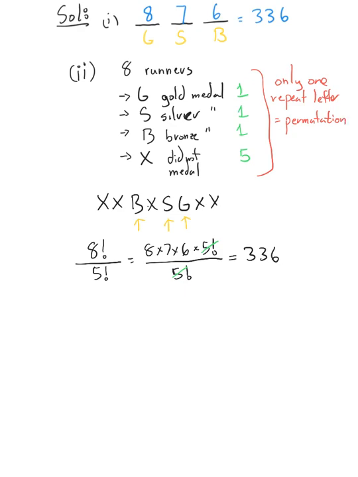Or you're arranging things and the order does matter how you pick them, is another way it can be said. But there's only 1 repeat letter when you think of it like this, and that repeat letter for us is X.